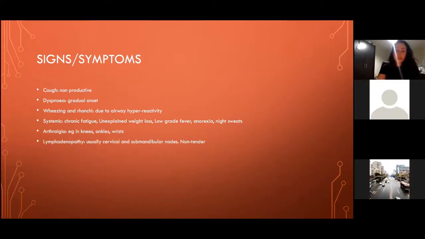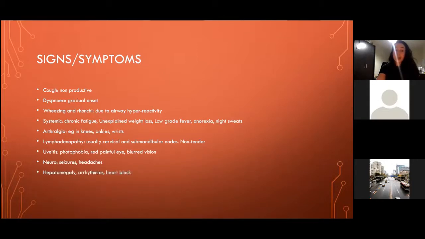Lymphadenopathy, due to the involvement of the lymph nodes, and that's generally the cervical and submandibular nodes, and these are non-tender. Uveitis is the most common eye manifestation, and that can present with photophobia, red painful eye, as well as blurred vision. And then some common neuro signs and symptoms include seizures and headaches.